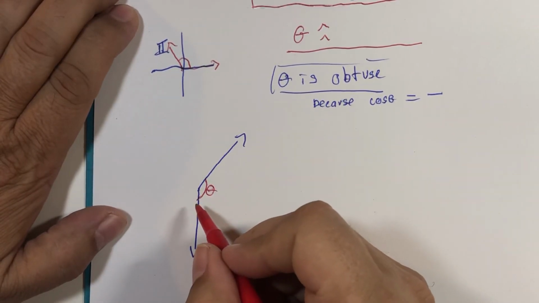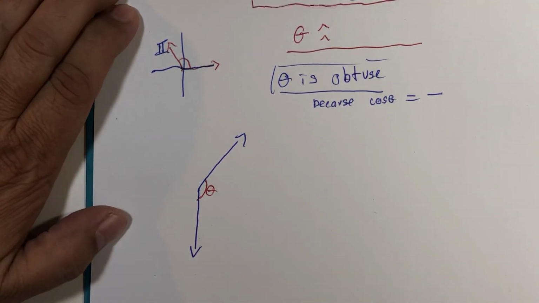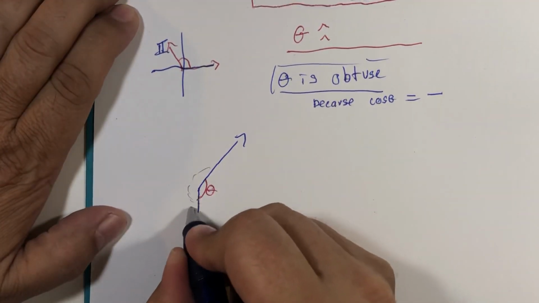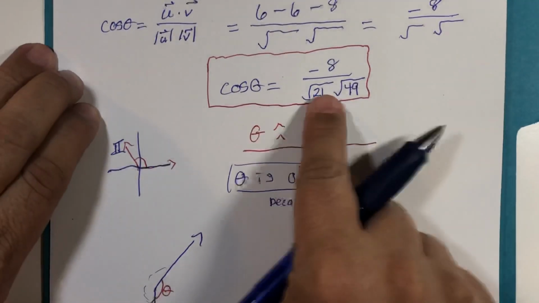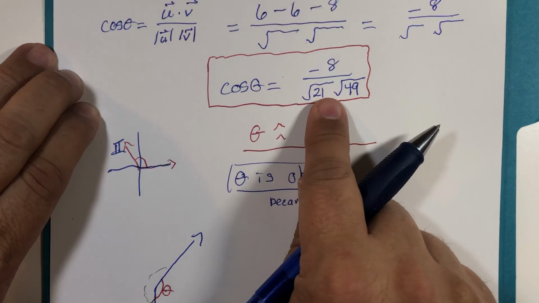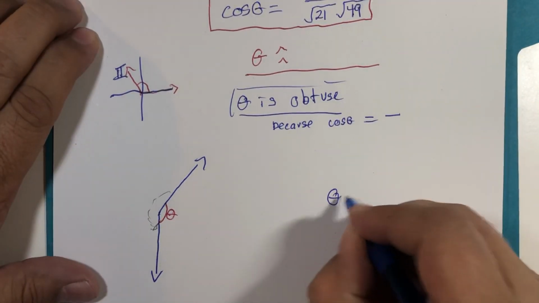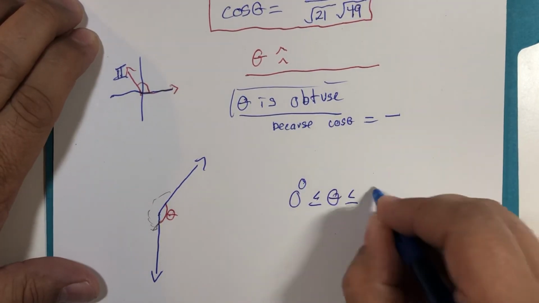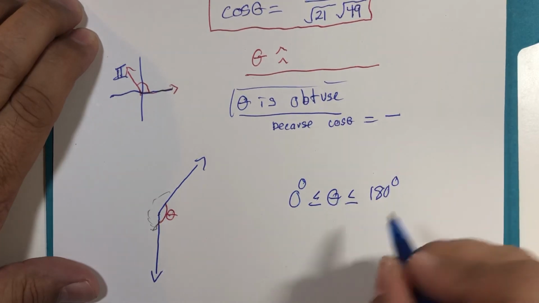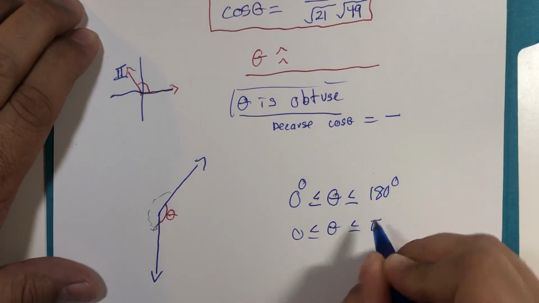You'll never see a theta that's more than 180 degrees, like this. You'll never see that one being measured. We'll always measure this one. So when we use the cosine of theta formula, we only get values that are between 0 and 180 degrees, or from 0 to pi radians.